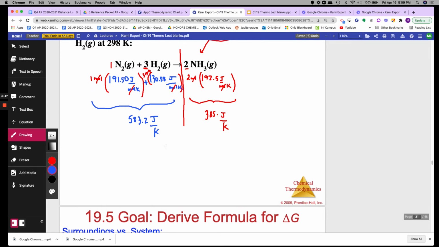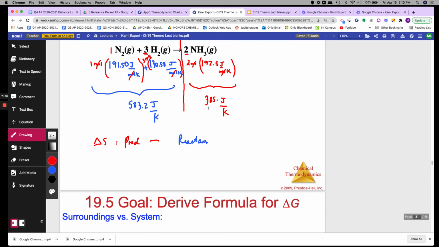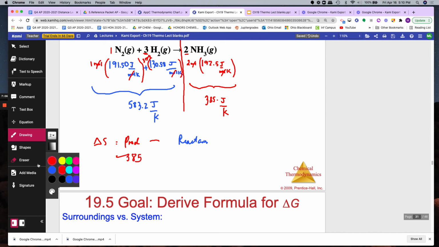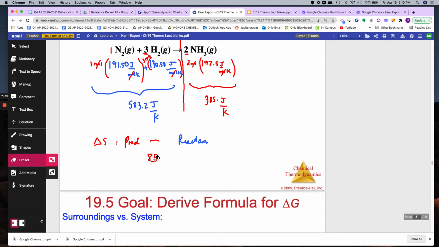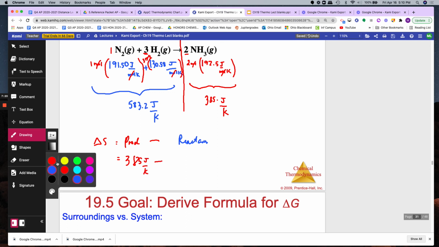So the formula for that is products minus reactants, and that will give you delta S. So the products is this number, 385 J over K, minus reactants, 583.2 J over K. That will give me a delta S.